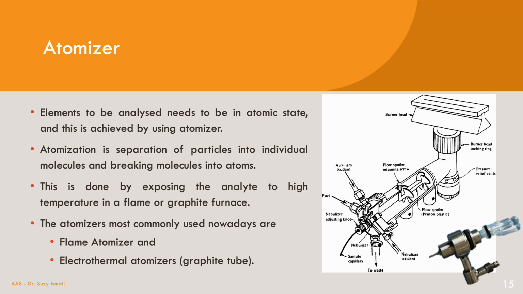Then you vaporize it, heat it up, and the atomizer ensures that it is in a form of atom after you burn it, or you flame it. This is done by exposing the analyte to high temperature in a flame or graphite furnace. There are two types of atomizer commonly used, either flame atomizer or electrothermal atomizer.